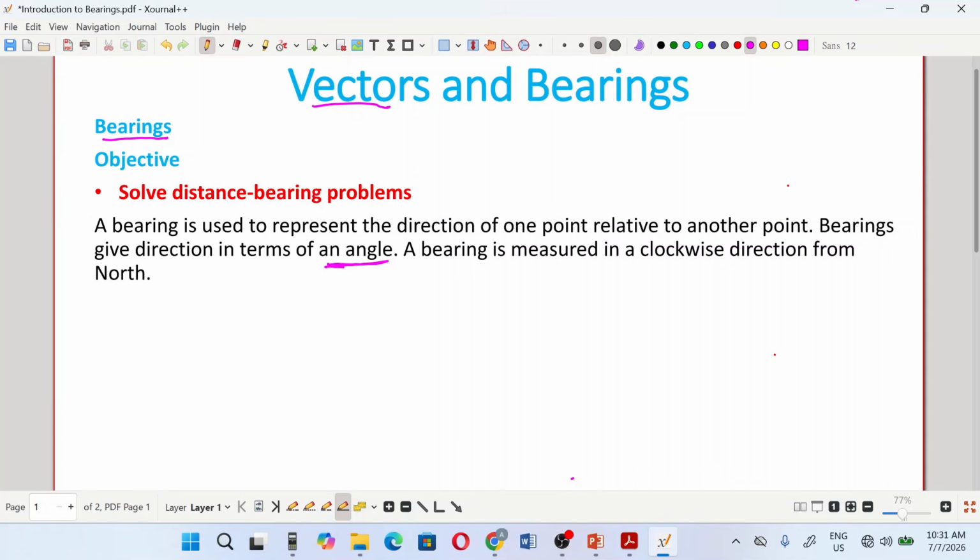In our everyday life, we usually give directions. Drivers have to drive according to a particular direction. If you are riding a motorbike, you do the same thing.